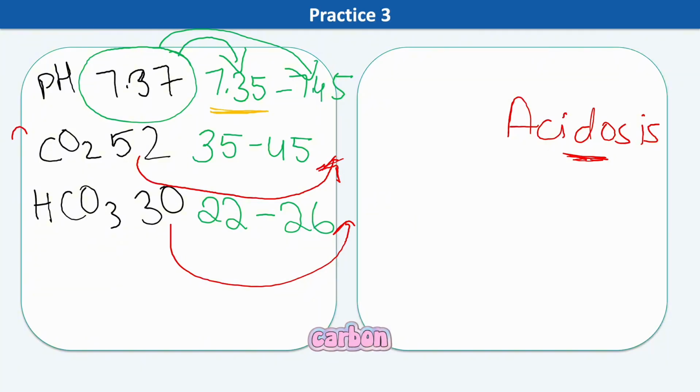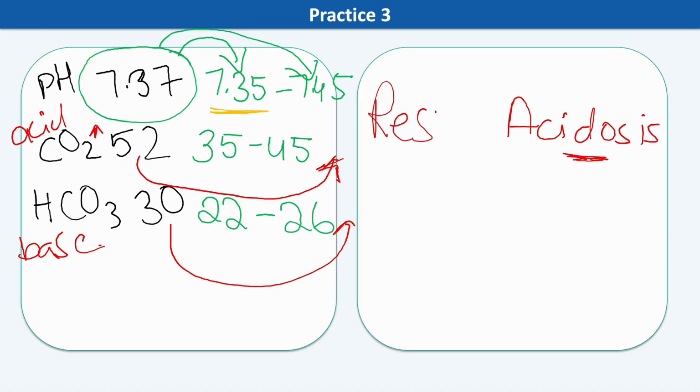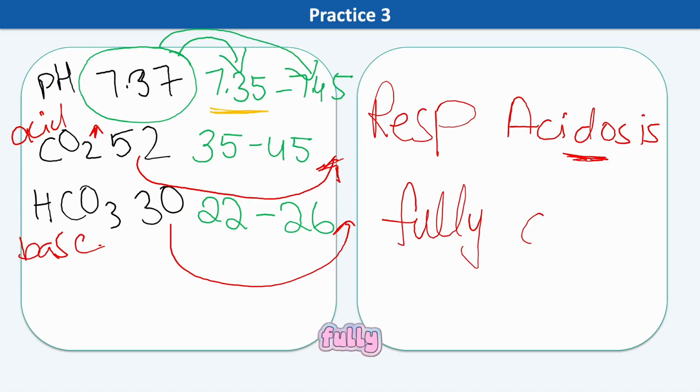Remember how we said carbon dioxide is our acid and bicarb is our base? So this level is up. So it was our respiratory acidosis. And we see that the kidneys are trying to work hard to bring the balance back, and they did. So that's why we're going to say that it is fully compensated.